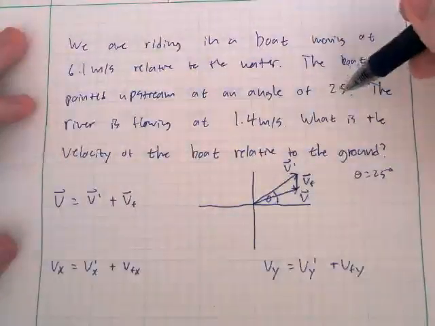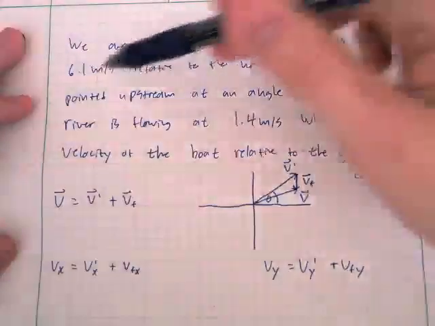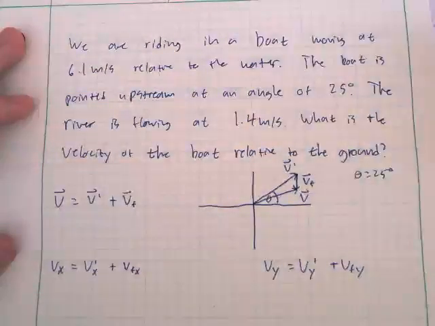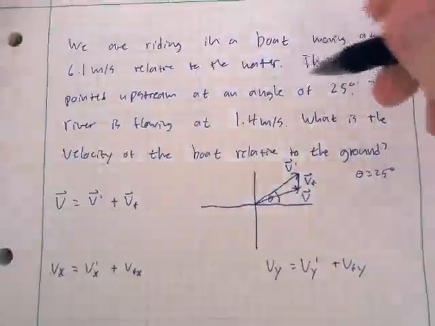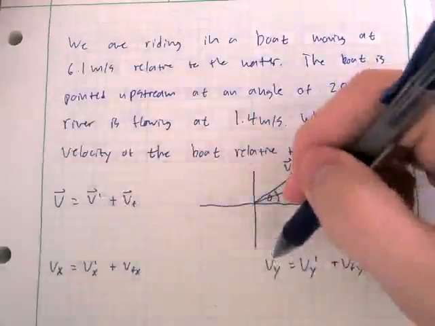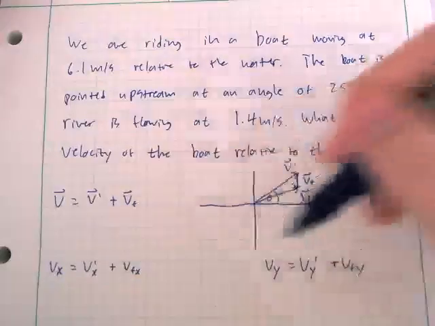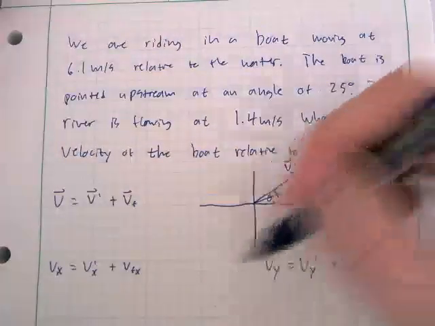We don't have the x and y components, but with all of our newfound vector skills, we know 6.1 is the length of our vector and 25 degrees is the angle of our vector. So we can plug those in and figure out what the components of this v prime are going to be. Again, we don't know anything about the regular v relative to the ground. That's what we're trying to find. But we do know everything there is to know about the velocity of the water as well.